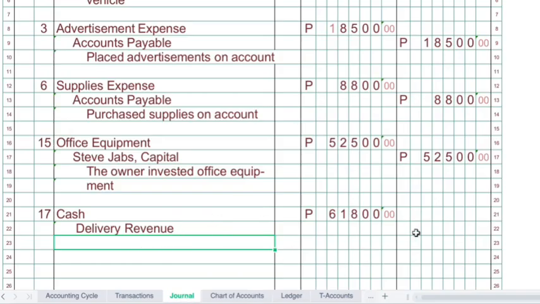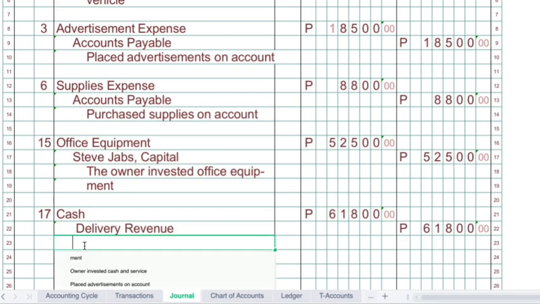Okay, so that is 61,800 as well. Alright, then we'll write a brief explanation or description.